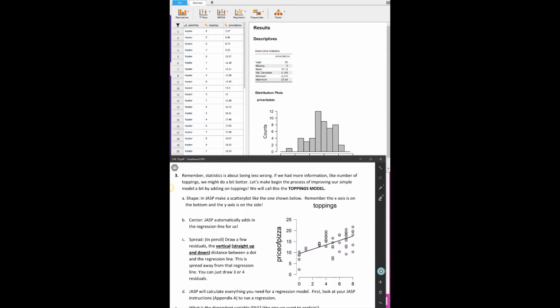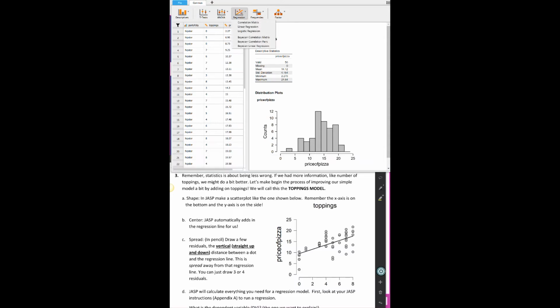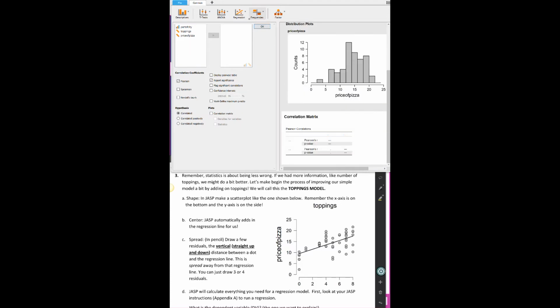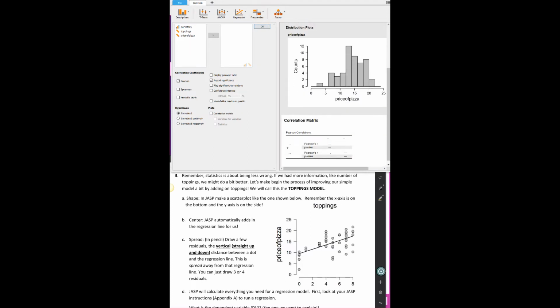So we're going to come up to JASP, and then we want to select the regression button from the buttons at the top, and then select correlation matrix. Now our correlation matrix shows up blank because we haven't told JASP which variables to compare yet. We want to look at the price of pizza versus the number of toppings on the pizza.